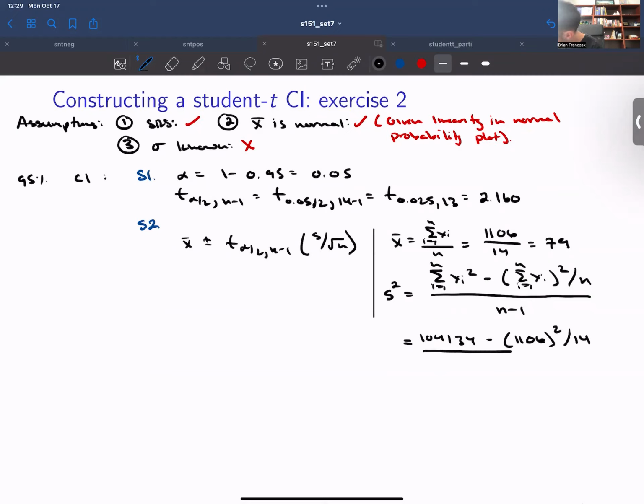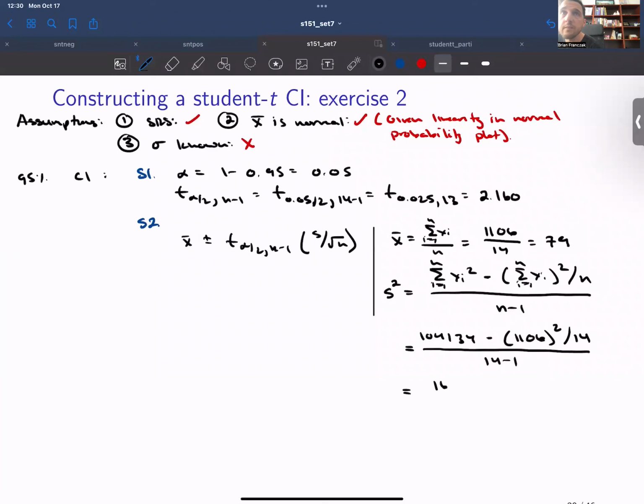We go through that process. This gives us 16,760 divided by 13, and that gives us 1,289.231. Therefore S is the square root of 1,289.231, which is 35.906.